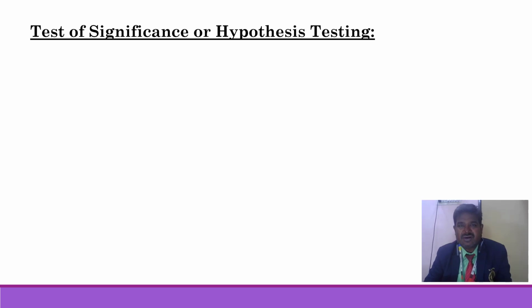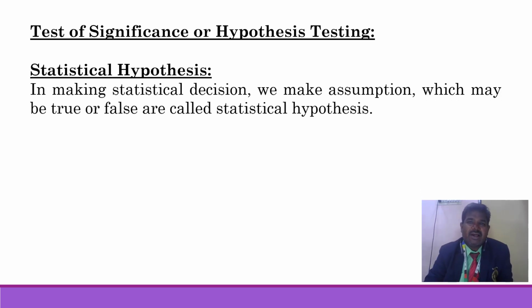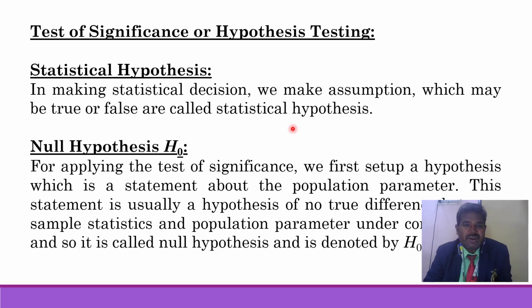Test of significance, namely hypothesis testing. So statistical hypothesis. In making statistical decisions, we make some assumptions which may be true or false, called statistical hypothesis. In that we have the null hypothesis, denoted by H0.